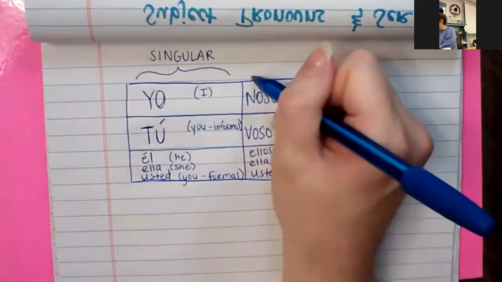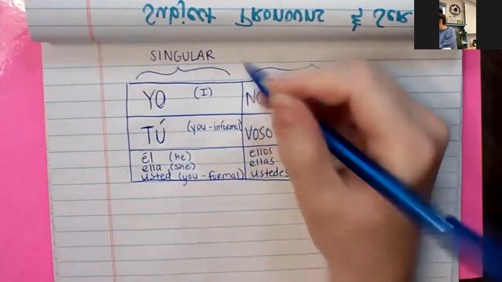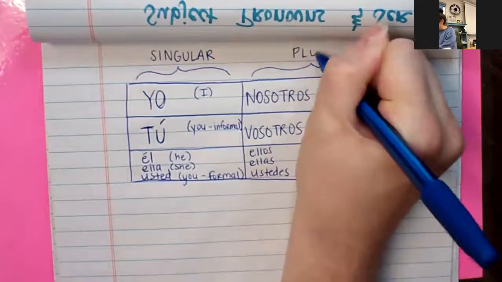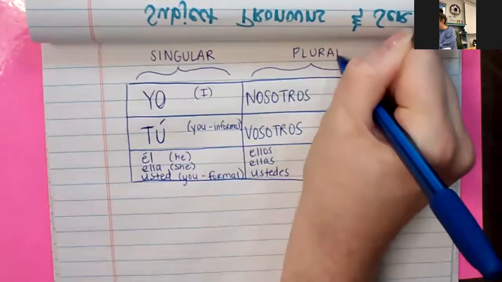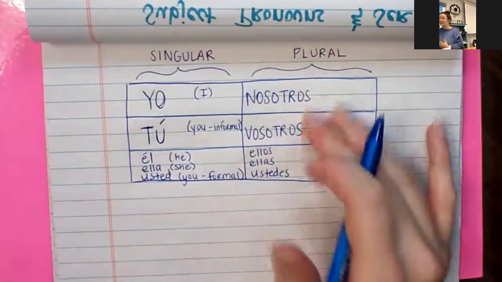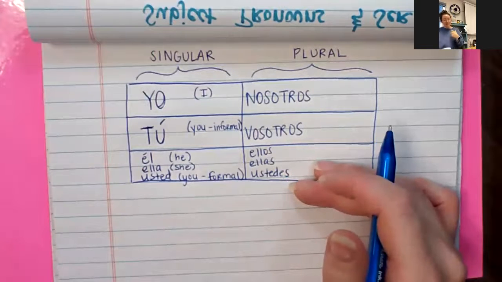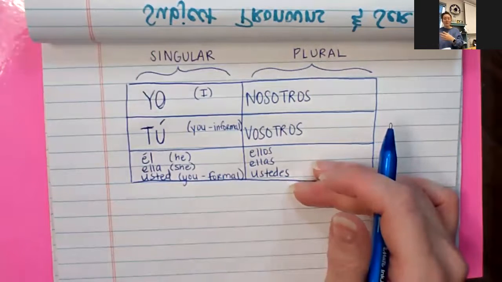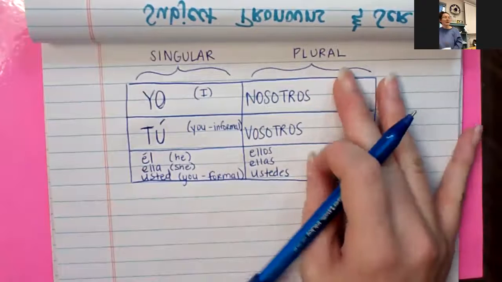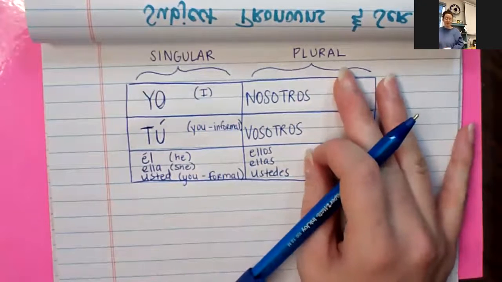And then on this side, these are all plural subject pronouns. They all are going to refer to groups of people. So if your subject is a group of people or more than one person, you know it has to be one of these 5 subject pronouns.